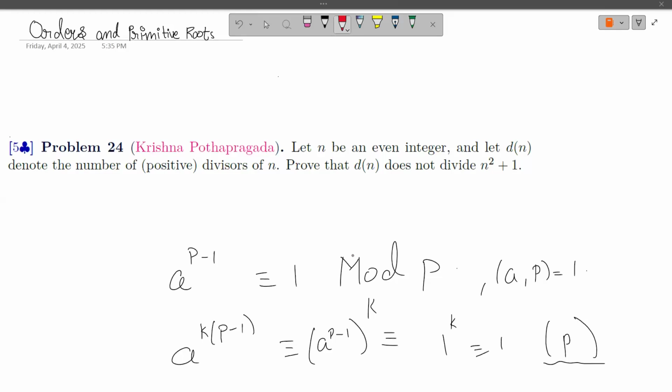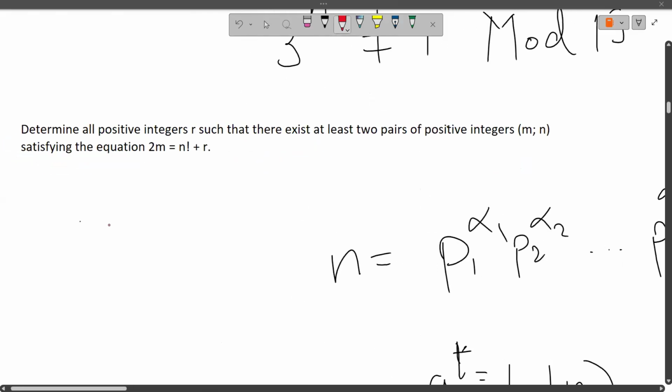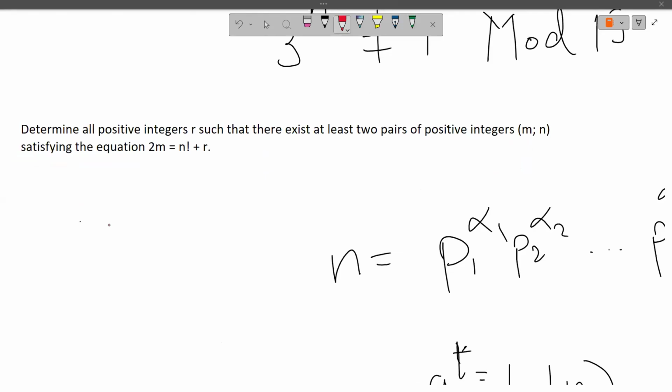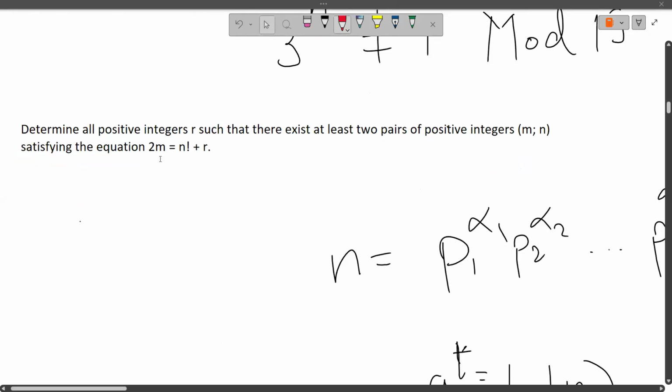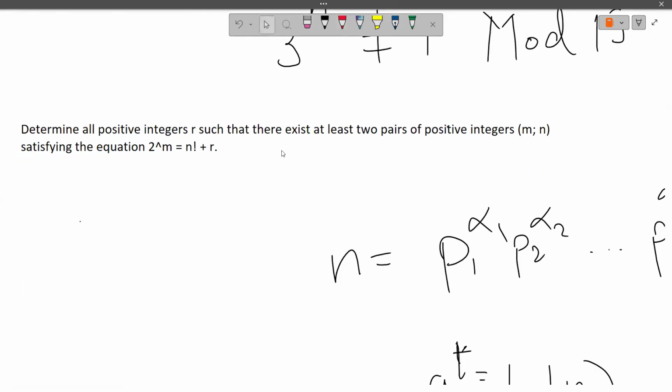Okay. This is our second buffer problem. Oh, this is 2 raised to, okay, this is so horrible of me. Wait. People, for whoever they were, this is 2 raised to the power m. Sorry.